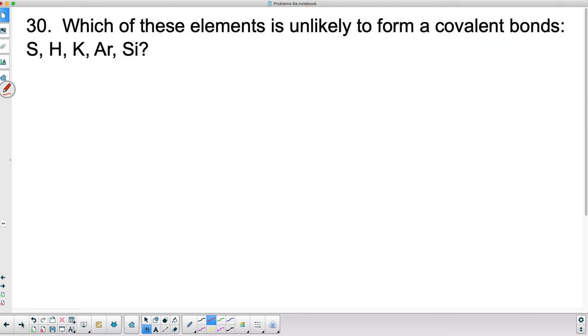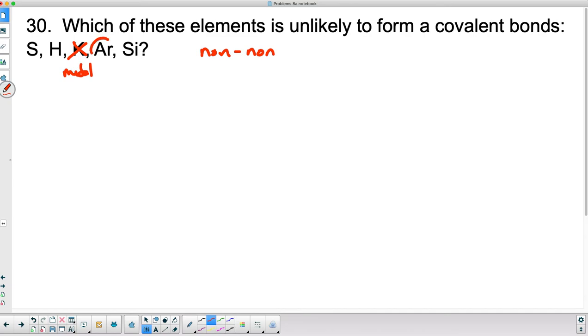Okay, moving on. Which of these elements is unlikely to form a covalent bond? Well, first of all, covalent bonds are between nonmetals and nonmetals. So we can get rid of that because potassium is a metal. So it would be very unlikely to form a covalent bond because it's already a metal, which means it's not covalent.